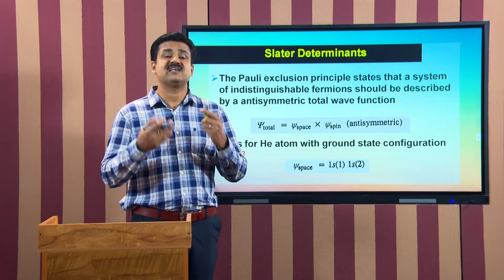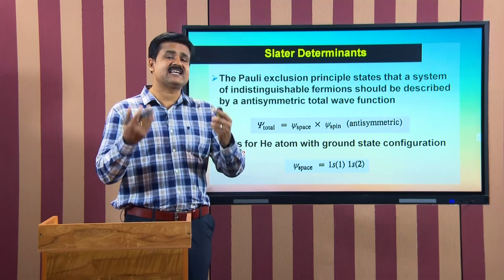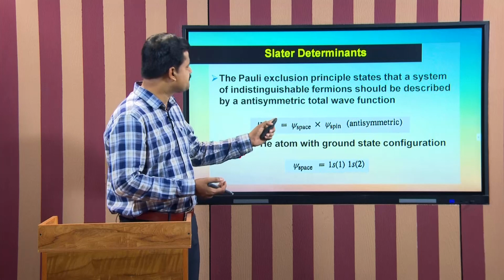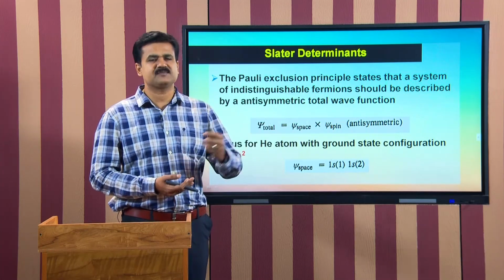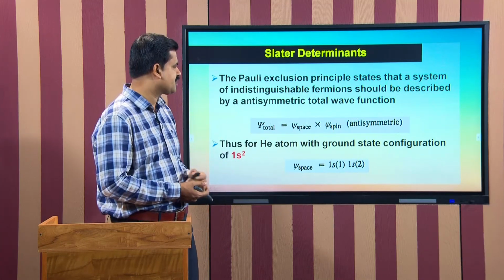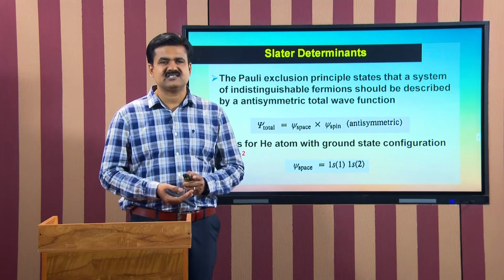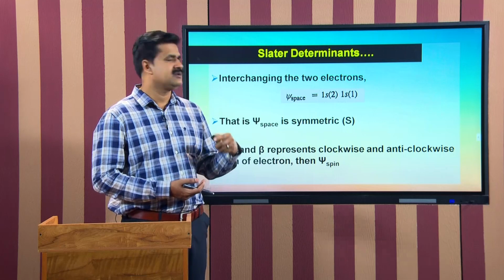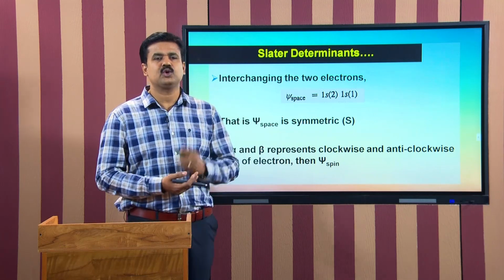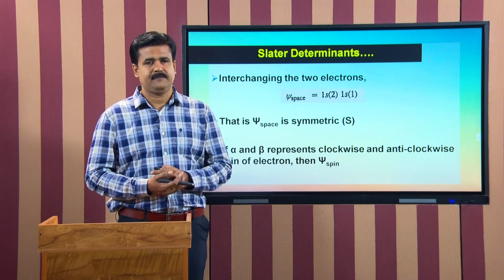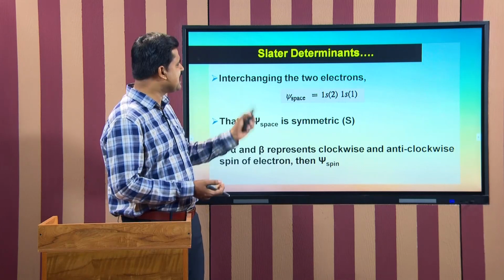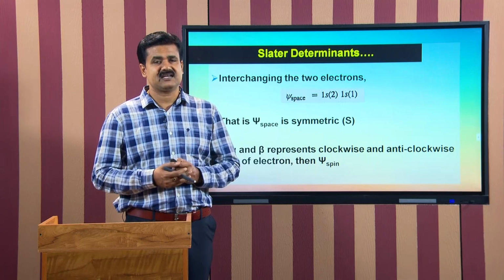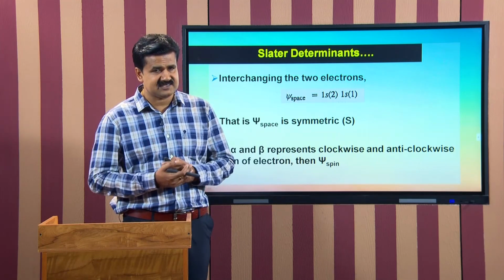Thus, for the helium atom, which has a ground state configuration of 1s2, there are two electrons. The spatial part of the wave function psi space can be represented as 1s1 into 1s2. The interchanging of these two electrons leads to the wave function psi space equal to 1s2, 1s1. That is, psi space, the spatial part of the wave function, is symmetric, hence abbreviated as S.